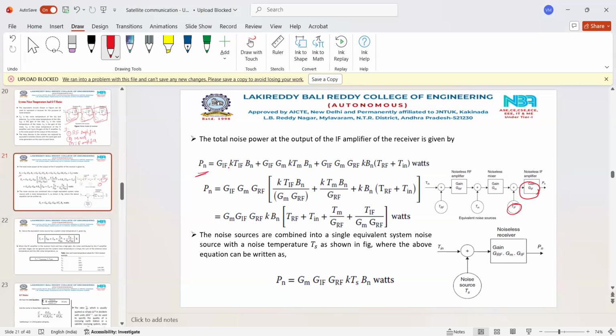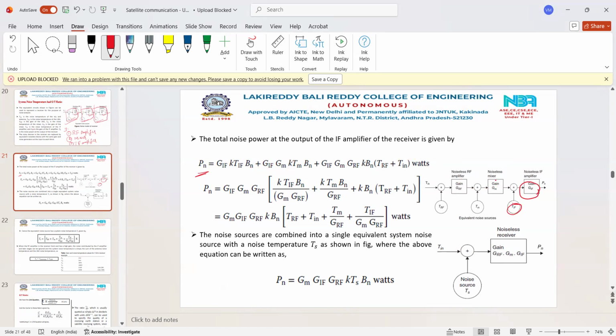BN is the noise bandwidth. Plus, we have two more components. Coming to the mixer section, these gains multiply because the stages are cascaded.